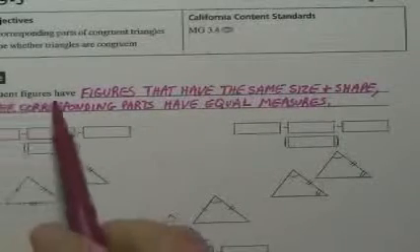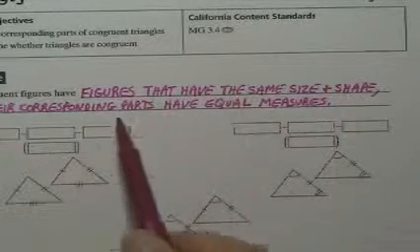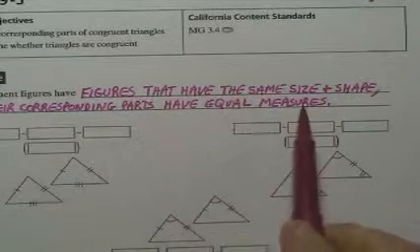So congruent figures have figures that have the same size and shape, and their corresponding parts have equal measures.